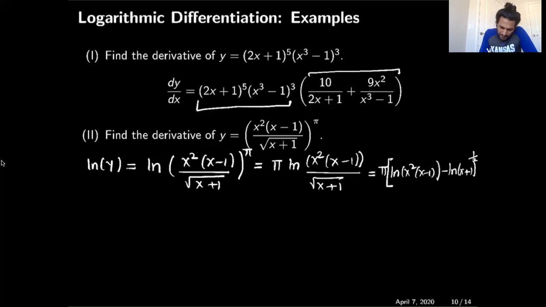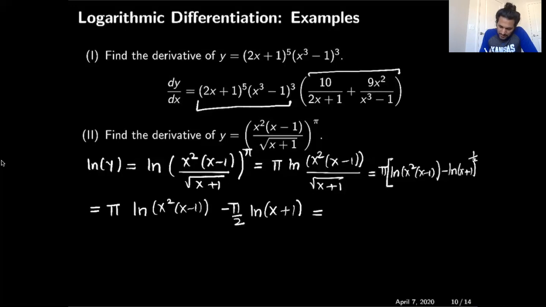So this can be simplified. I can distribute the natural log of x squared (x minus 1), and the 1/2 will flip over. This will be one half natural log of x plus 1.